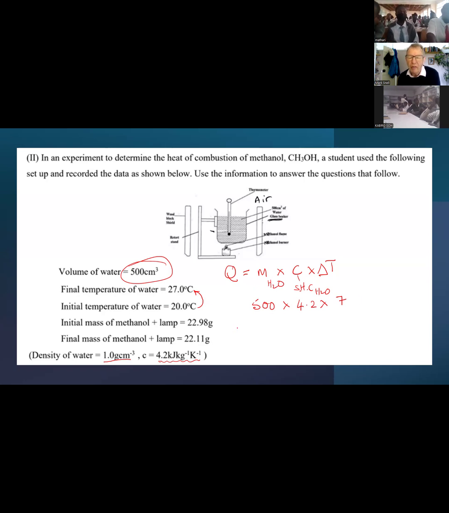I'm not worried about what that number is at the moment, because the next thing we have to do is work out delta H, and delta H is Q, this number that we have here, over n, where n is the number of moles. That's how you do all of these questions. Now, they might ask you, in this question they do, to work out the number of moles first, then Q, then delta H. It doesn't matter.